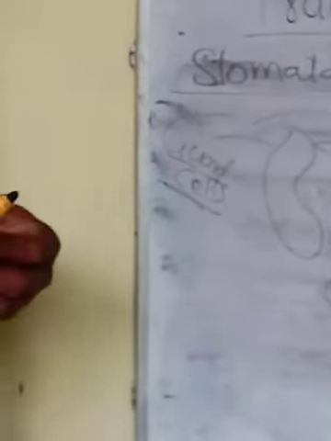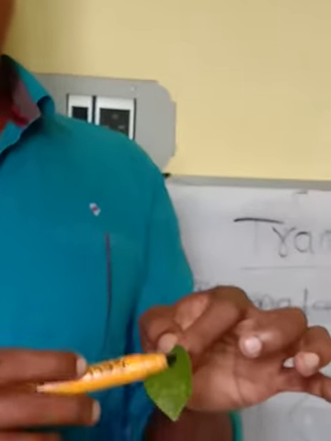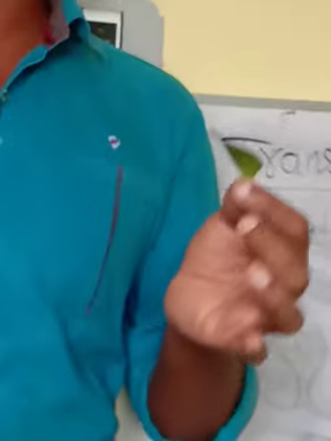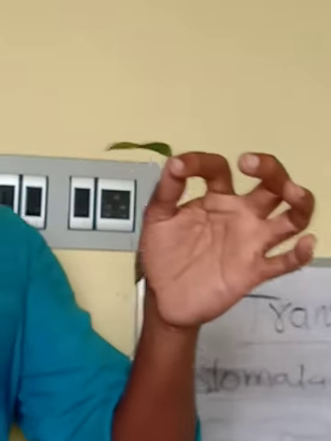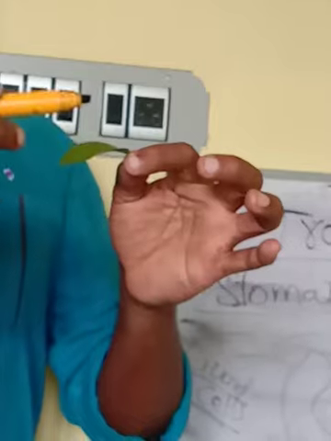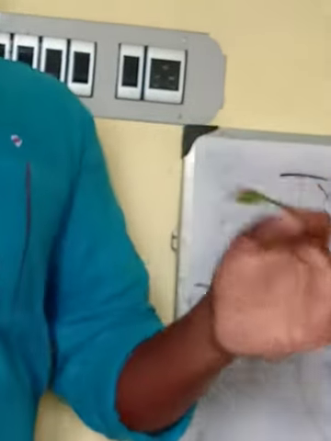Another important point: in a leaf, on the upper side there are fewer stomata, and on the lower side there is a huge number of stomata. The reason is that when the plant is in direct sunlight, if the stomata were on the upper side, due to light the stomata would always be open.